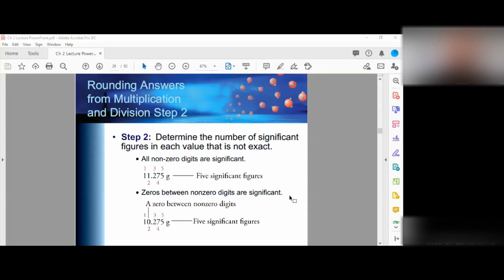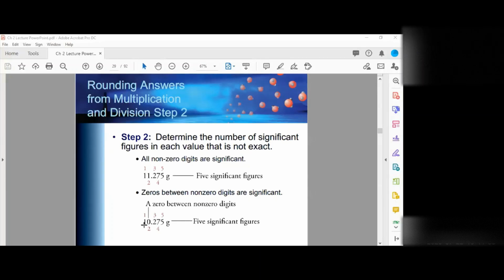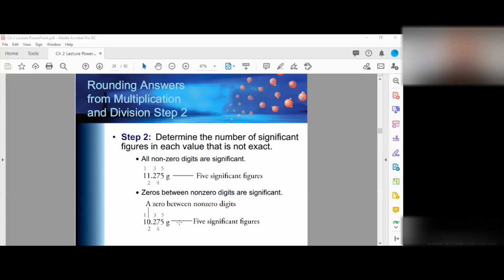And you see here what we call trapped zeros. Trapped zeros are the zeros that appear between 2 non-zero digits. So these are considered sig figs. And that's why you see here, I have 1, 0, 2, 7, 5, 5 digits, 4 of them non-zero, and the 5th one is a 0 that is trapped, therefore it's counted as a sig fig.